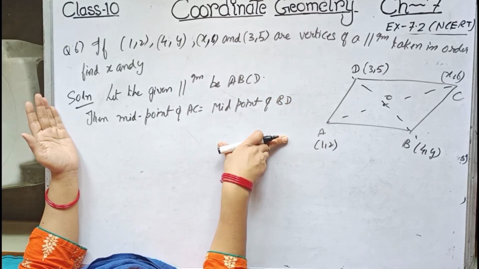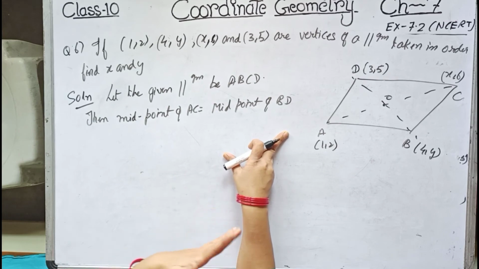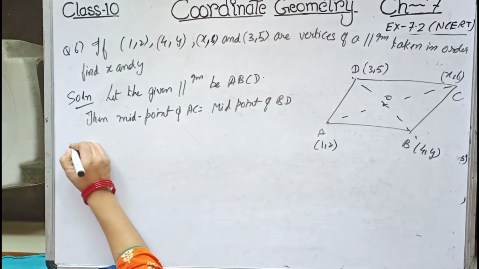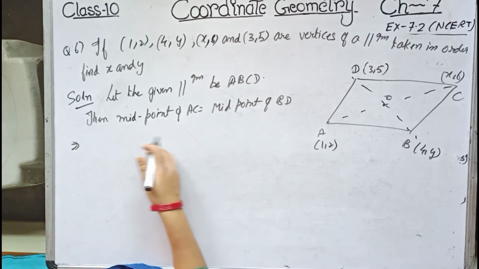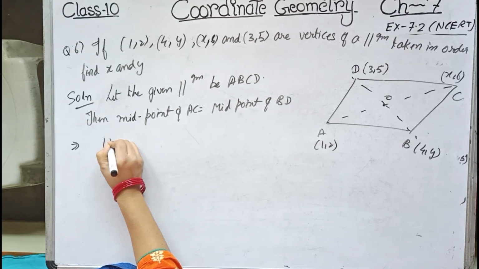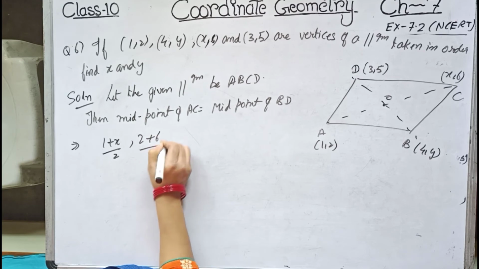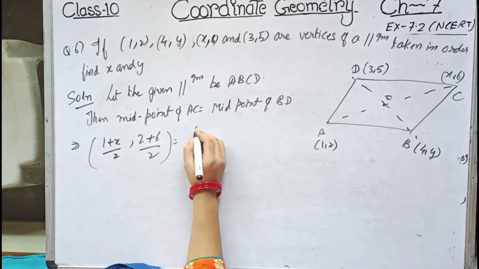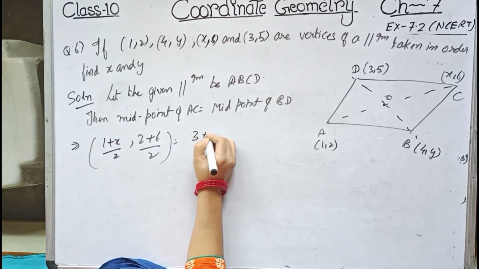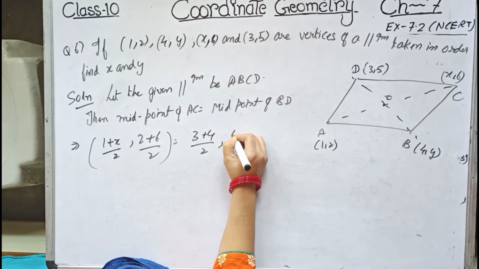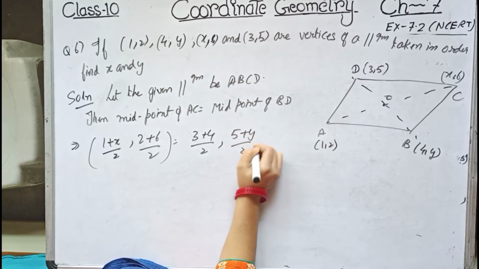In reason you can write, since the diagonals of a parallelogram bisect each other. So this implies, now midpoint of AC will be (1 plus x) by 2 and (2 plus 6) by 2. And midpoint of BD will be (3 plus 4) by 2 and (5 plus y) by 2.